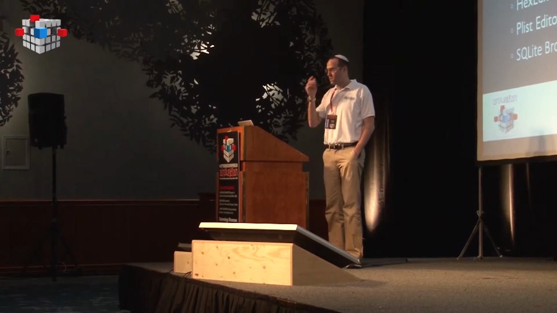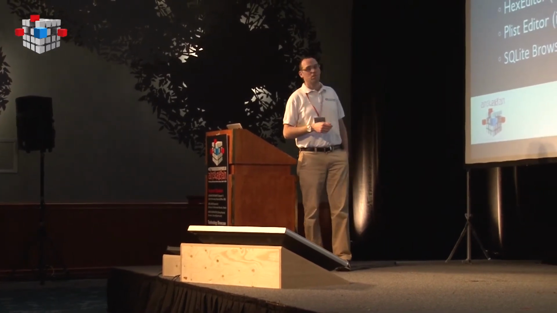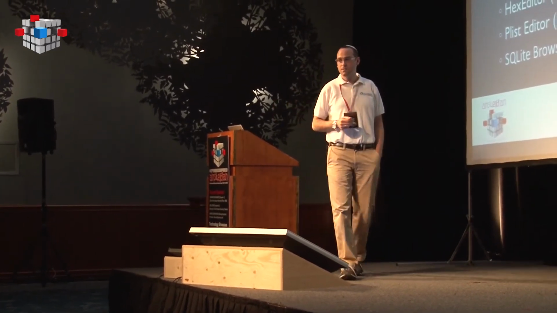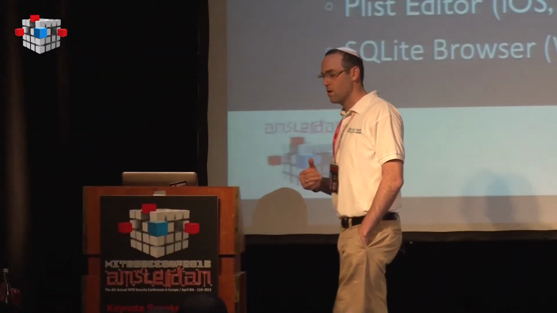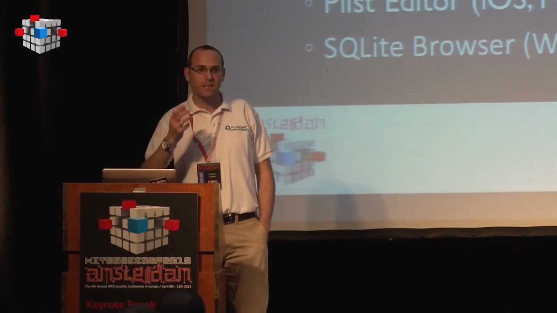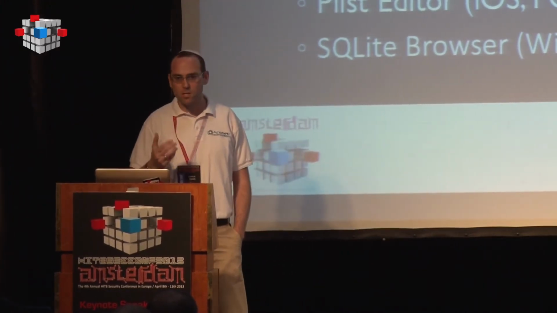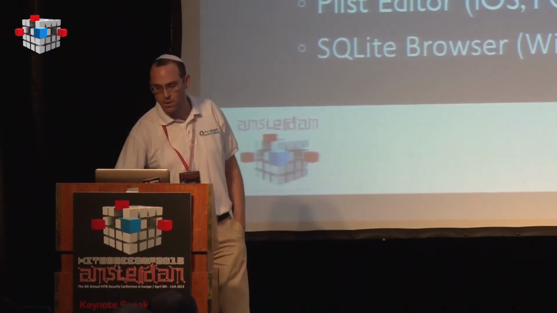Static analysis tools are very well documented: using file access to the machine, using Clutch to decrypt the FairPlay protection, using SSH to run commands on the jailbroken machine, IDA, a hex editor, plist and SQLite database browsers, in order to enumerate as much information as you can to understand the application logic and business logic and its constraints.